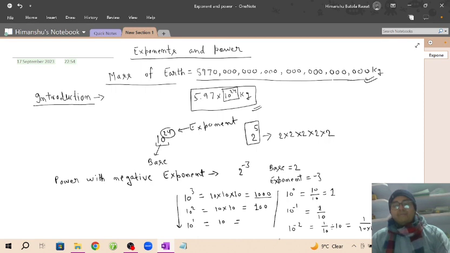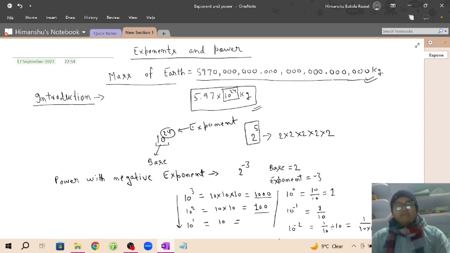So what we got here: 10 to the power 3 is 10 multiplied by 10 multiplied by 10, which gives me 1000. And 10 to the power 2, 10 multiplied 2 times, gives me 100.